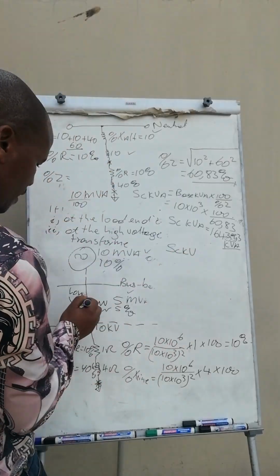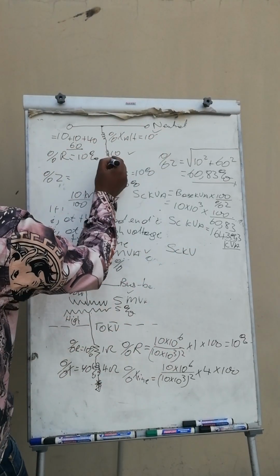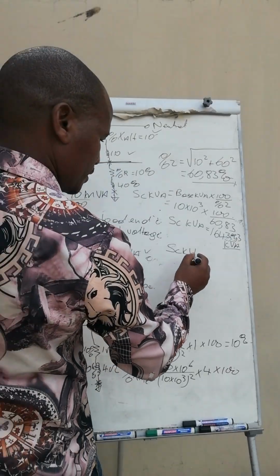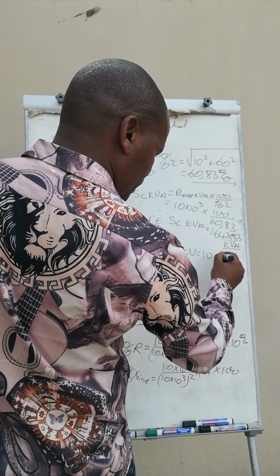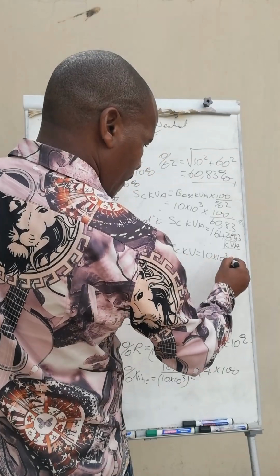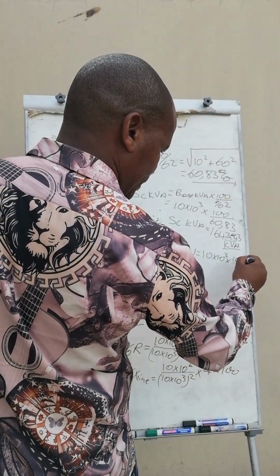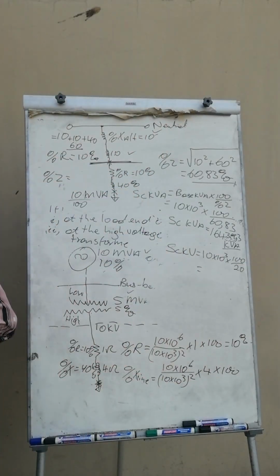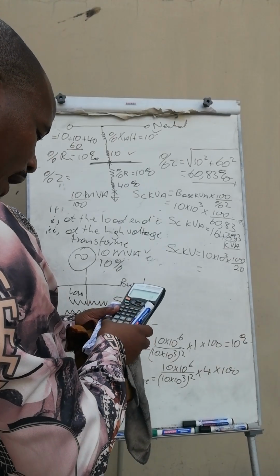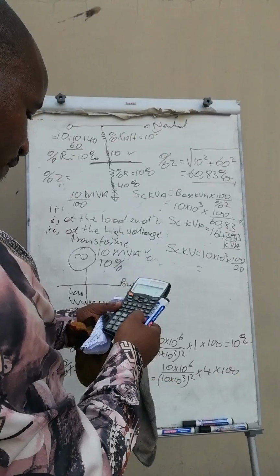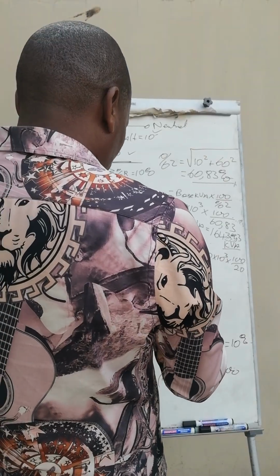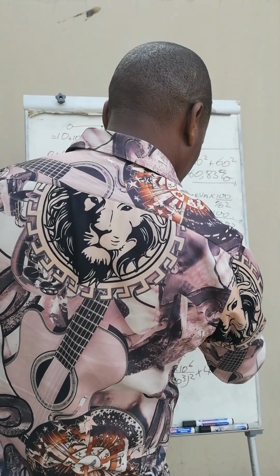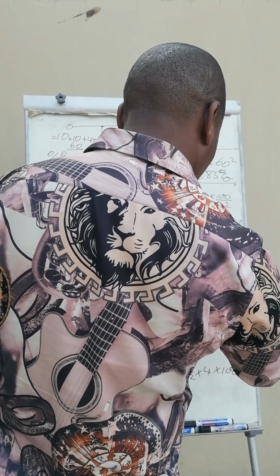Short circuit kVA from there to there is 10 multiplied by 10 to the power 3, multiplied by 100 over 20. 100 divided by 20 is 5, multiplied by 10 to the power 3, which is equal to 50,000 kVA.